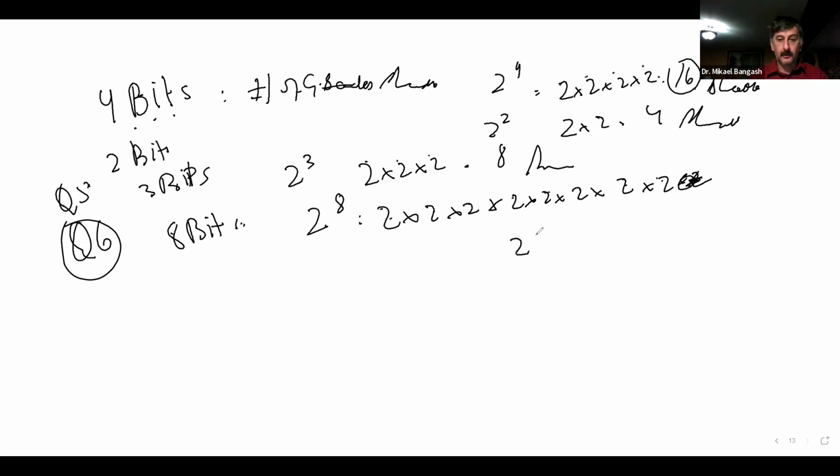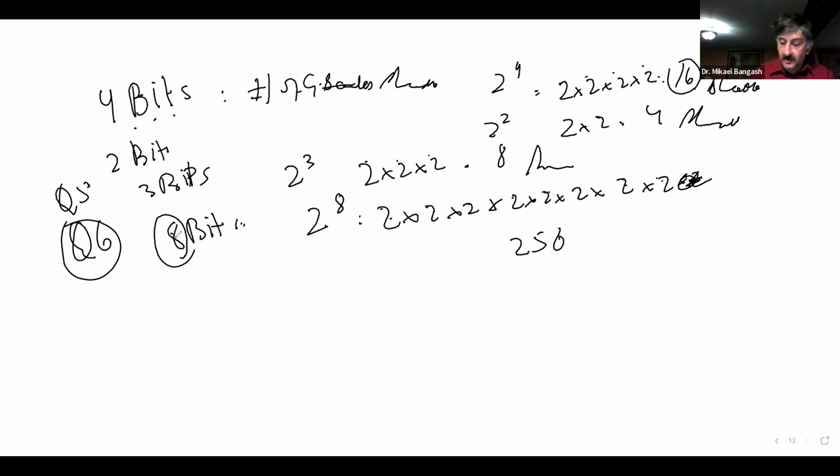So up to 256 shades per pixel if we used 8 bits. Did that make sense?